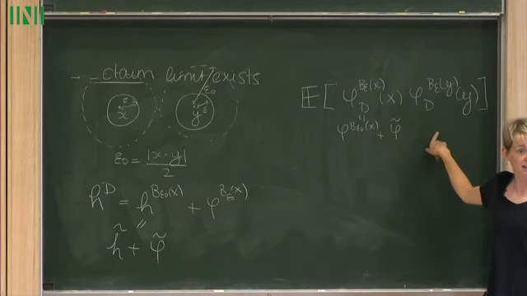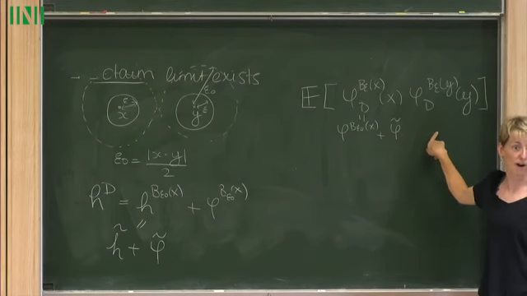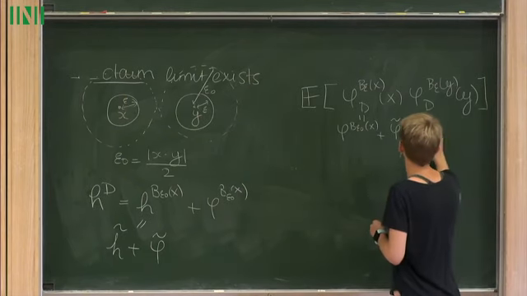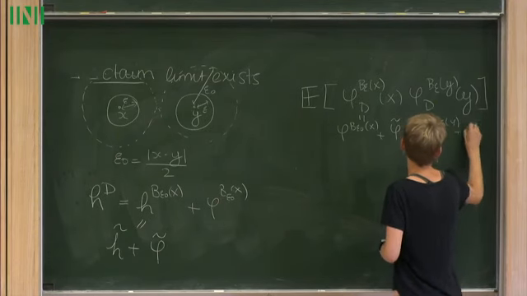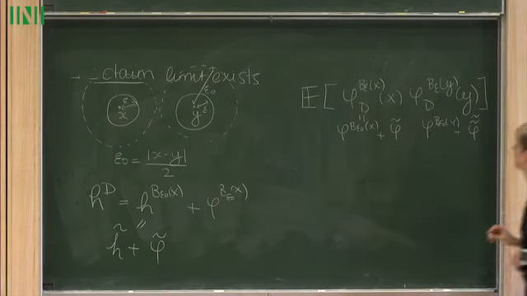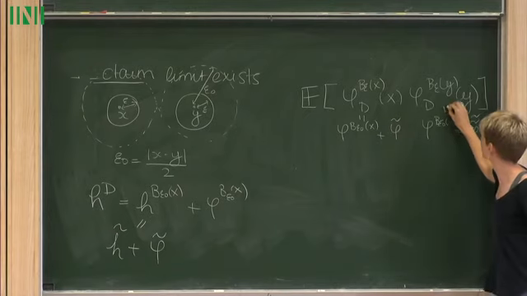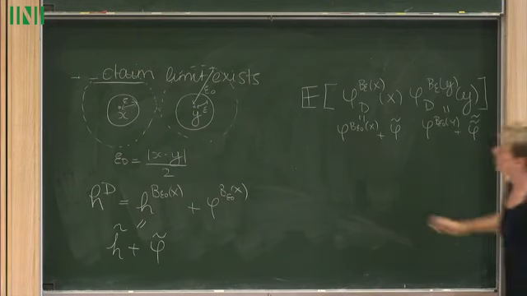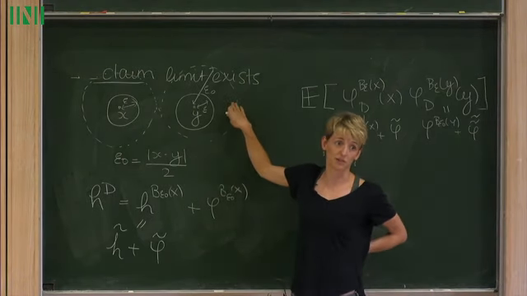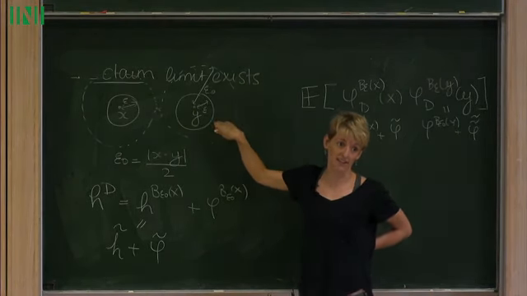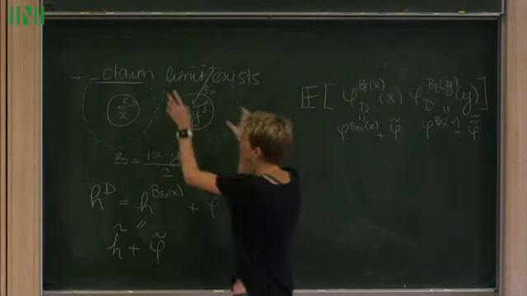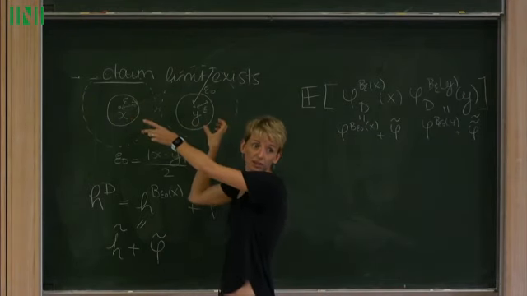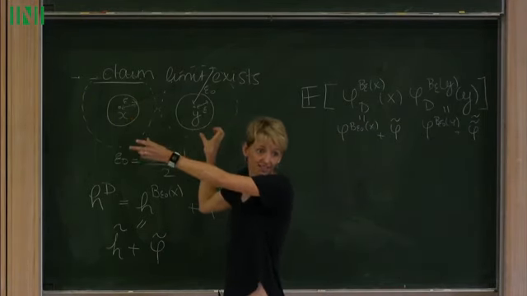And I could have done the same thing around the point y. So I could have written this as phi b epsilon 0 y plus phi tilde tilde, coming from first decomposing inside the epsilon 0 ball around y and then iterating. But the point is, in this first step, the two field parts in these two domain Markov decompositions are of course independent.